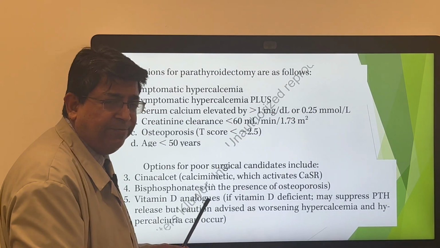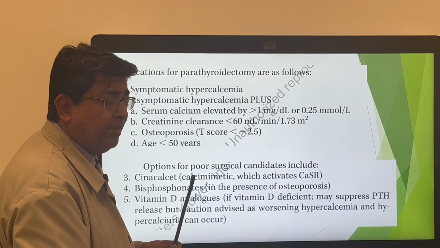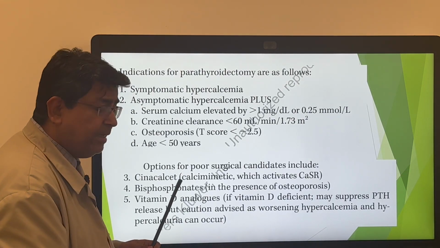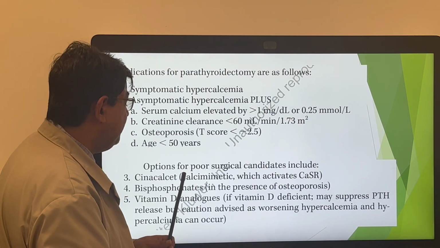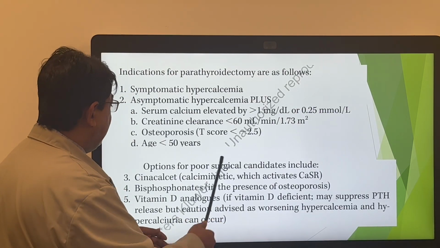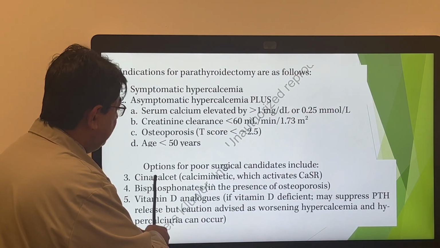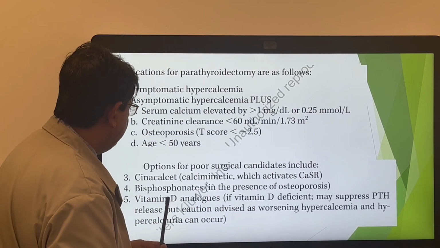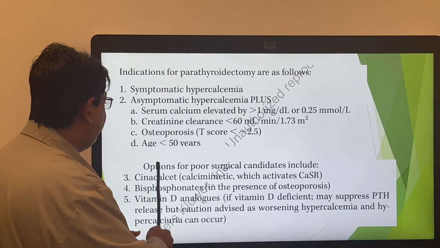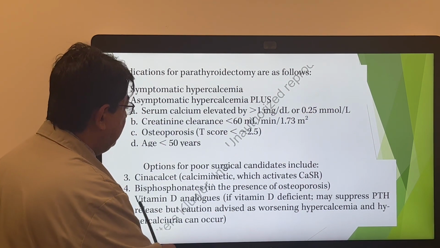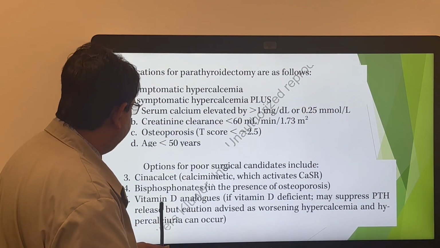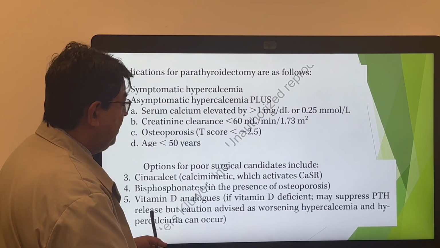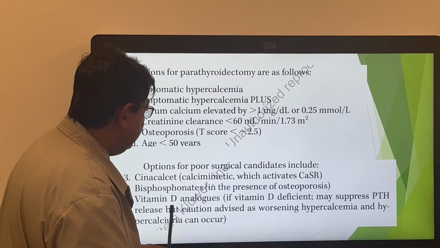If the patient is greater than 50 years old, typically conservative management is indicated. And if you really need to reduce the calcium and the patient is a poor surgical candidate, then you can use cinacalcet, which activates the calcium sensing receptor, causing reduction of the serum calcium level, bisphosphonates, or vitamin D analogs, which may suppress PTH, so caution is advised. Next slide.